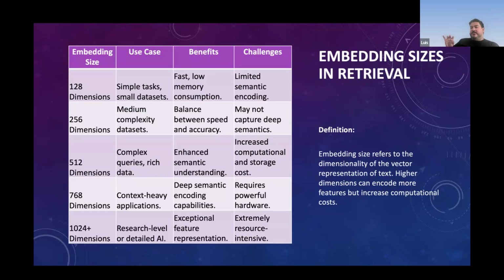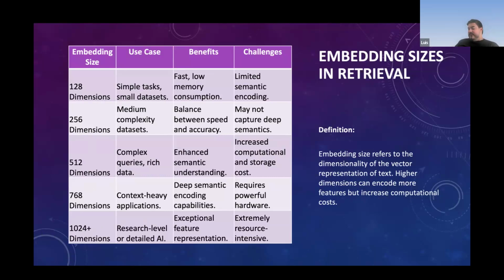The options are 128, 256, 512, 768, and 1024. 1024 is sort of your gold standard. It creates 1,024 different dimensions based off your chunk, and this is actually great for retrieval.